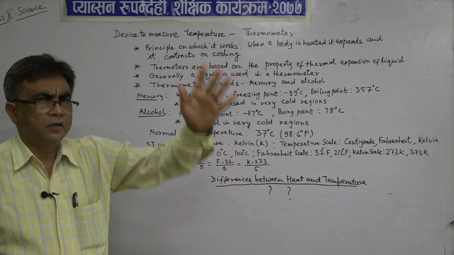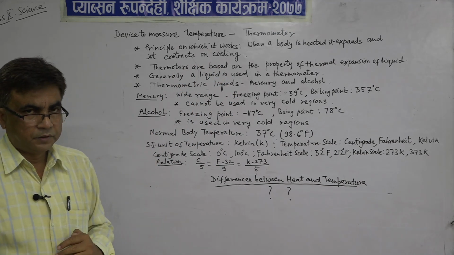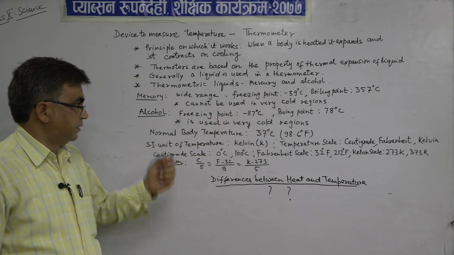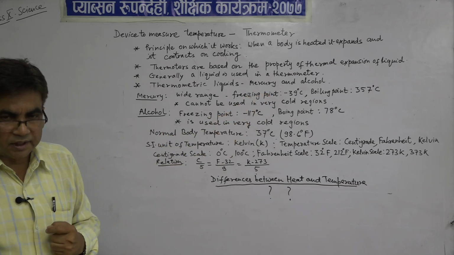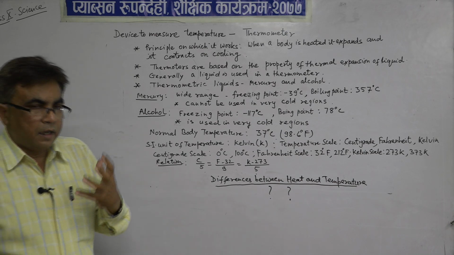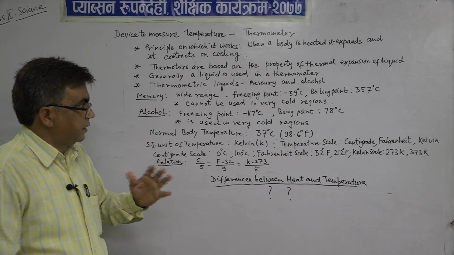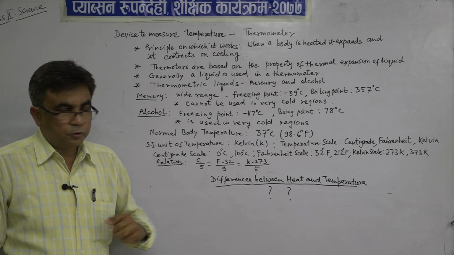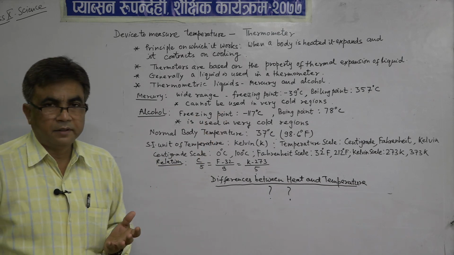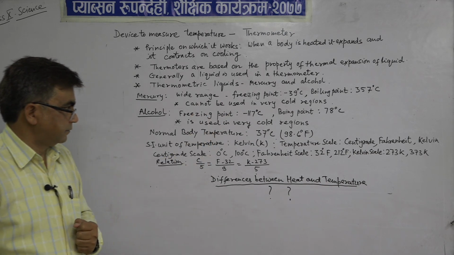So for a very hot region it doesn't work, but for the cold region where the temperature is going below minus 39, definitely we have to use an alcohol thermometer. So for those sorts of places, alcohol is used as a thermometric liquid. That's why generally we get two types of liquid thermometers, mercury liquid thermometer as well as alcohol liquid thermometer.